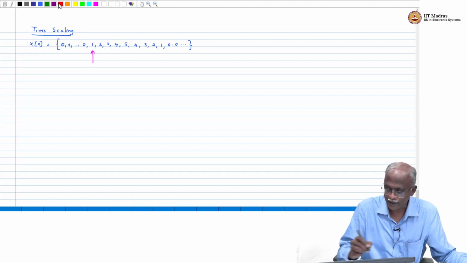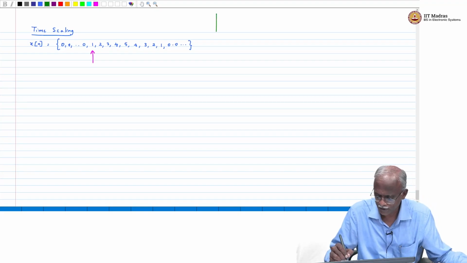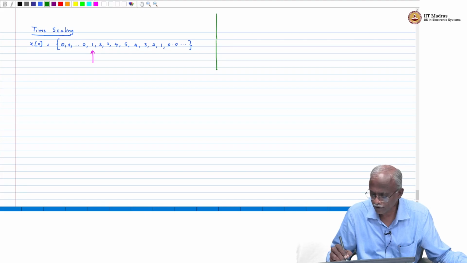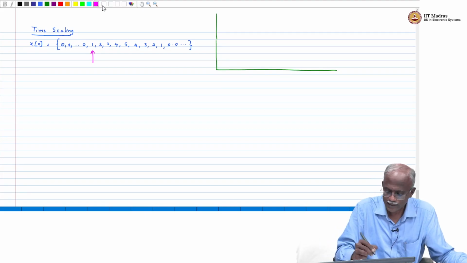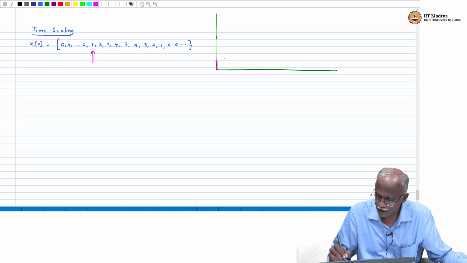So let's sketch it for us here. We have this particular sequence. It starts at n equal to 1, then n equal to 2, 3, 4, and 5, and then it comes down to 4, 3, 2, and then 1.